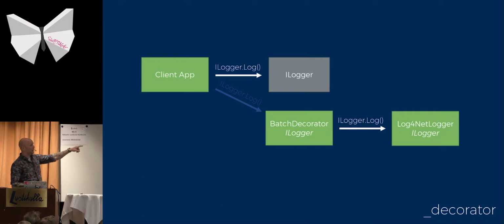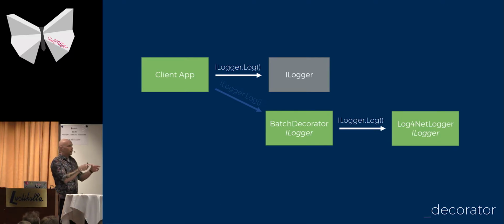Client app believes it's talking to an iLogger, but it's actually talking to a batch decorator, which implements iLogger, which in turn internally has another iLogger, which happens to be the log4net logger, which also implements the iLogger. So we take a class, have it implement the interface that we want, it takes an instance of the thing that we're using, like iLogger in this case, and wraps that and adds stuff on top of it.